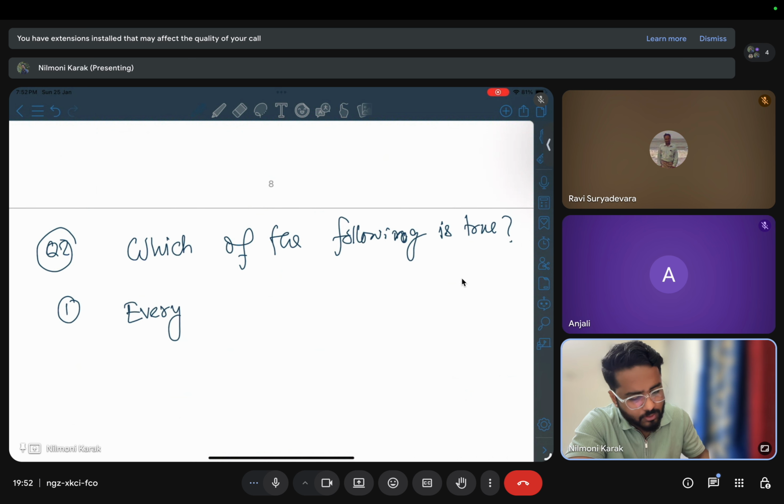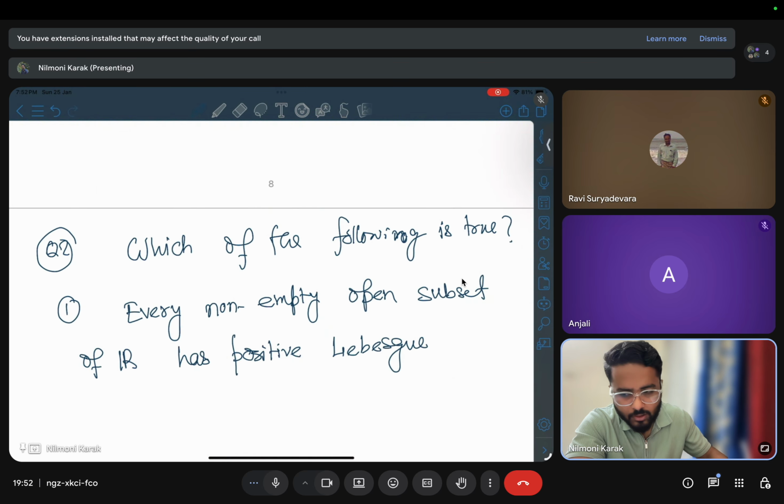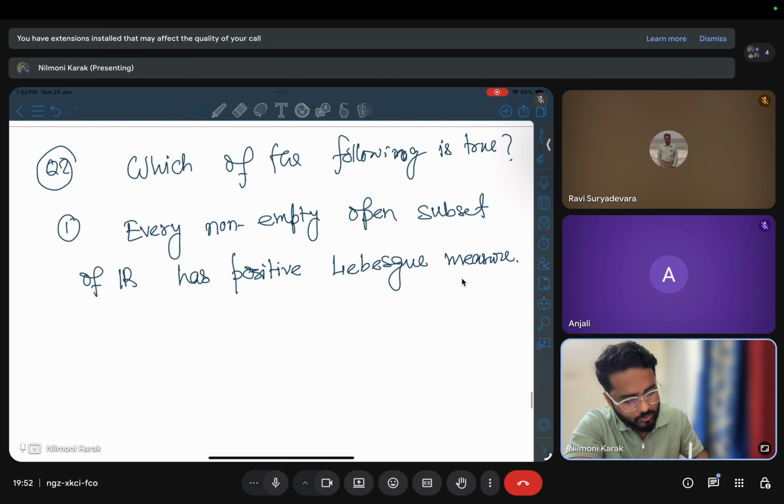Every non-empty open subset of R has positive Lebesgue measure.